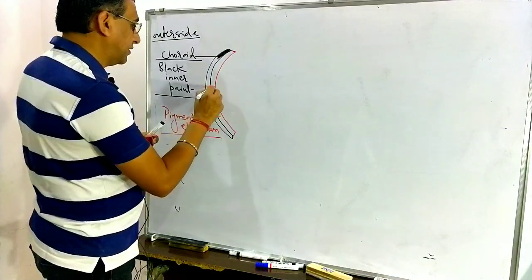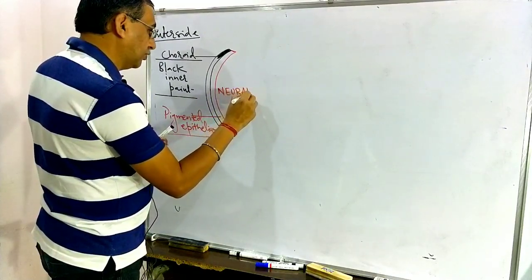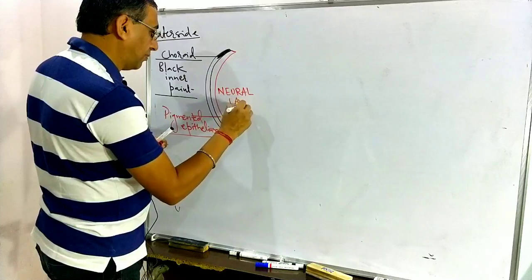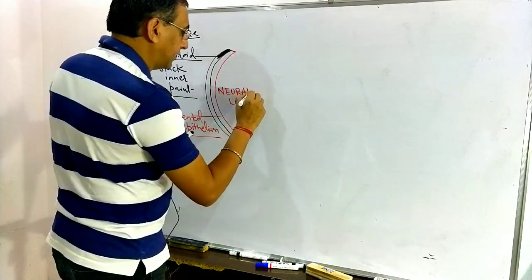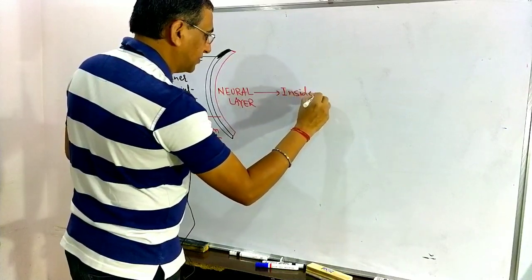From here onward is the neural layer of retina, which is towards the inside, meaning towards the lens.